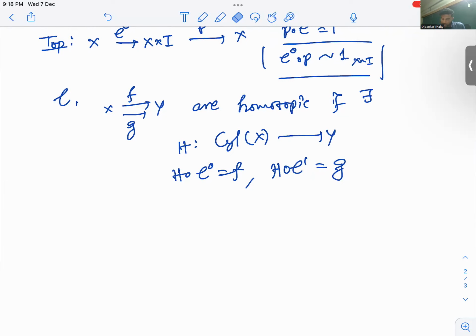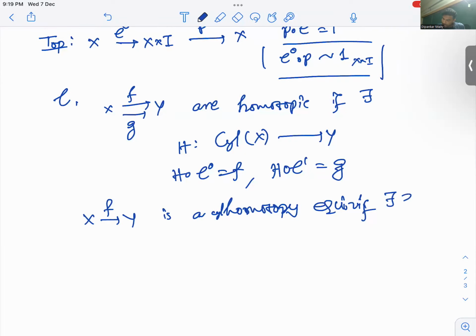Similarly, in an arbitrary category, if F is a map from X to Y, this is a homotopy equivalence if there is a map in the reverse direction from Y to X such that F composed with G is homotopic to the identity on Y and G composed with F is homotopic to the identity on X.